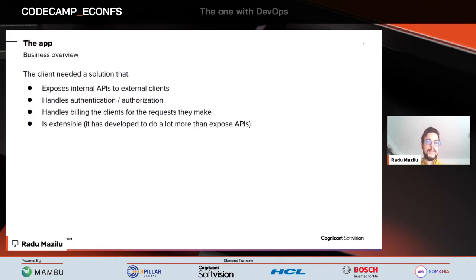Now, as you can see, the cost of this service is sort of shifted towards the external clients, and that's why the serverless model worked very well for this situation, because for serverless resources, most of the time you pay for what you use. I'm talking here about AWS Lambda, API Gateway, DynamoDB as the basic stack.